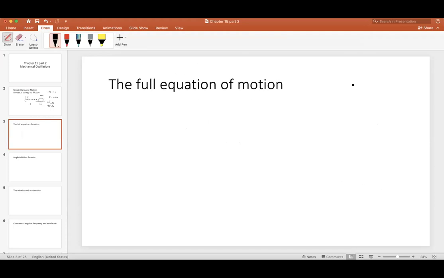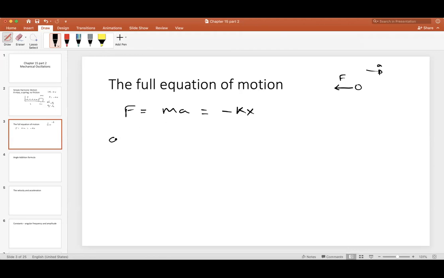The full equation: if A is this way, and it's being displaced in that direction, then the force is that way. And we can write an equation of the motion, Newton's second law, ma is equal to negative kx.